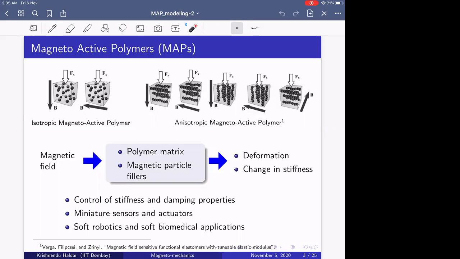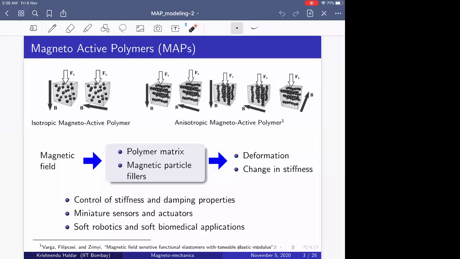And similarly, the stiffness changes depending on the way you are curing. That means whether you have an isotropic system or an anisotropic system, the bottom line is that you do observe a strong change in stiffness, and it also influences the viscous property.